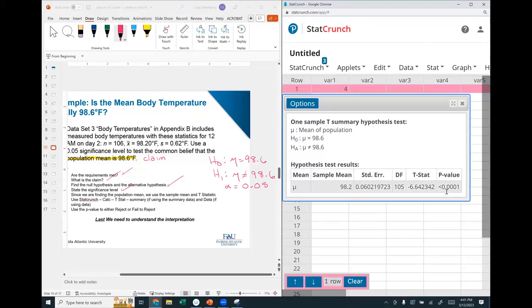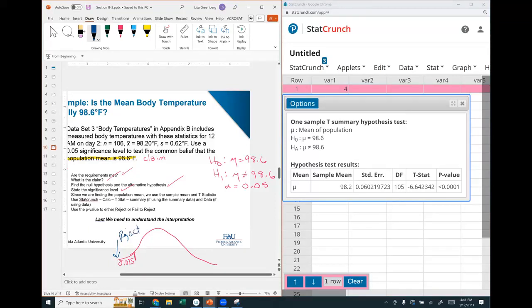And look at my p-value. Is that p-value smaller than alpha over 2, basically, 0.025? Well, it is. So that means if I look at my graph, this is 0.025, and this number is way over in here, which is my rejection area.